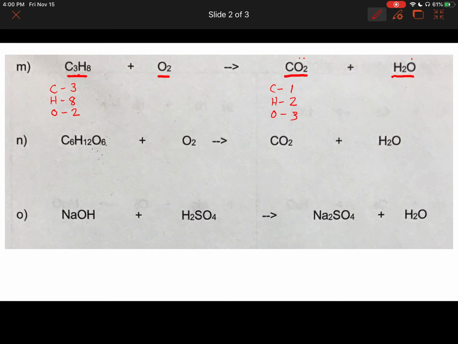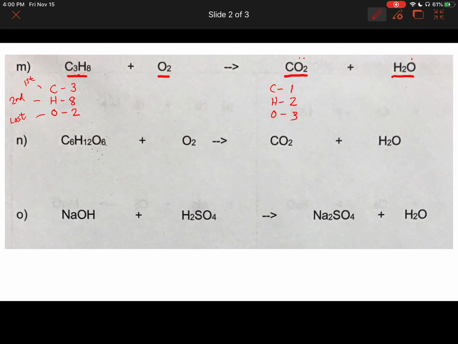So this is my strategy: carbon first, hydrogen second, leaving oxygen always for last. In fact, a good rule of thumb when you're balancing equations is to save oxygen for last. It oftentimes helps. So I'm dealing with my carbons first.